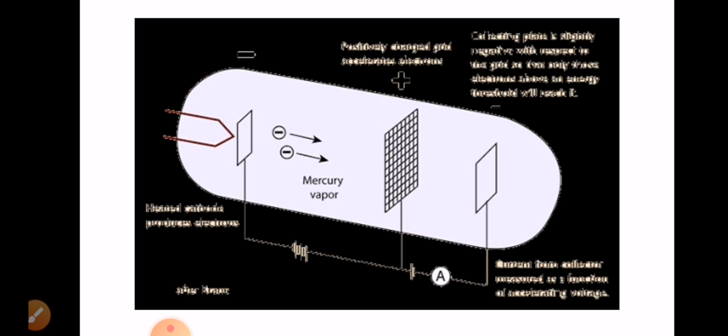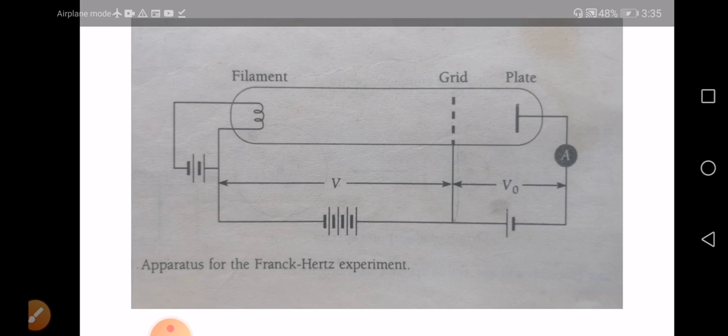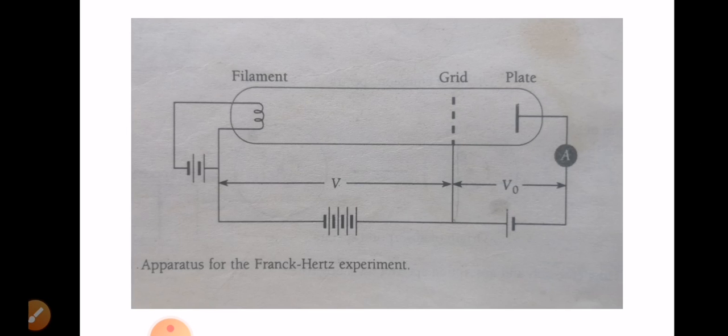Okay, so a small potential difference V0 is applied. You can see this clearly in the diagram. A small potential difference V0 is applied between the grid and the collecting plate.